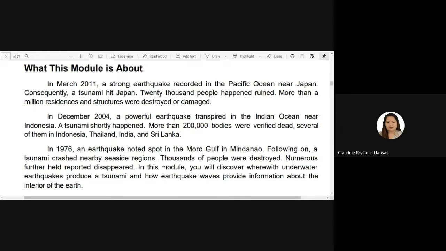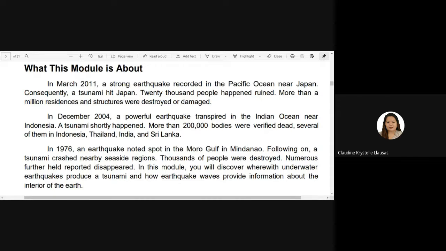Aside from March 2011, December 2004, a powerful earthquake transpired in the Indian Ocean near Indonesia, meaning to say the epicenter is at the oceanic plates, nasa tubig, nasa dagat. But after that earthquake, there was a tsunami, and more than 200,000 bodies were verified dead.